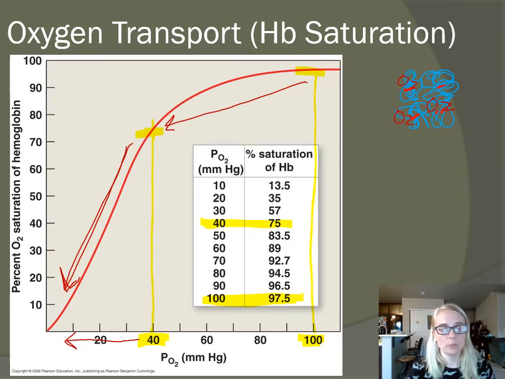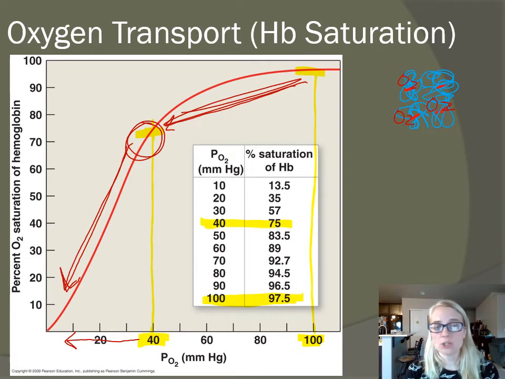You might be reading in the book, or back in chapter 19, that as oxygen binds to hemoglobin, it changes its shape a little bit, which allows it to bind more oxygen as you are close to high oxygen concentrations. When you put that hemoglobin molecule in areas of lower concentration, you lose one of your oxygens, and that changes the shape of the hemoglobin and makes it easier for the other oxygen molecules to unbind. So it's right around this point here that the remaining oxygens pop off a lot quicker than the first loss of one or two of those first oxygens.